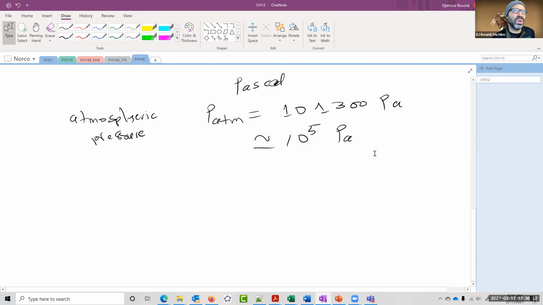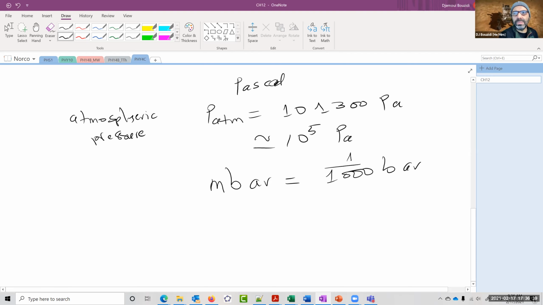Now there is another unit also, which is the millibar. Okay, that's usually also used in the weather. So the millibar is a thousandth of a bar, I'm sorry. Which makes the bar to be 100 bars to be 1 atmospheric pressure.